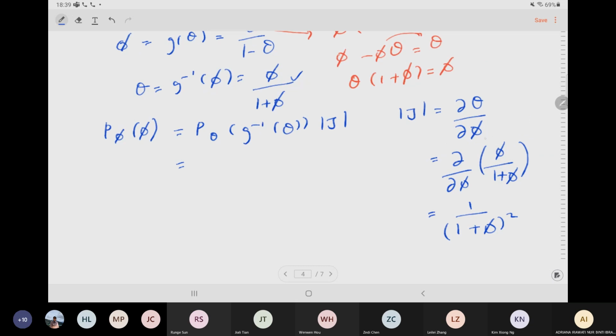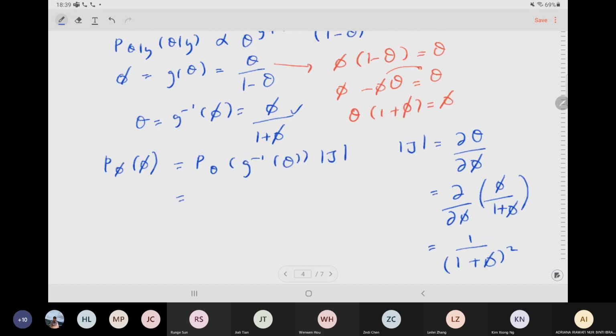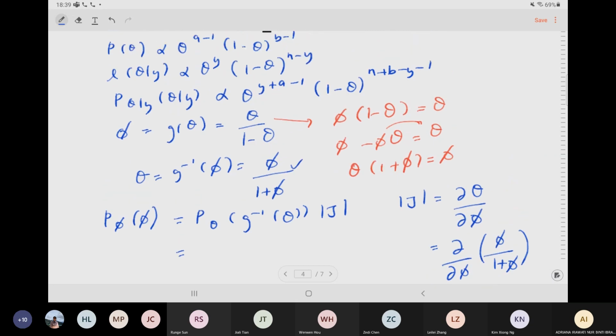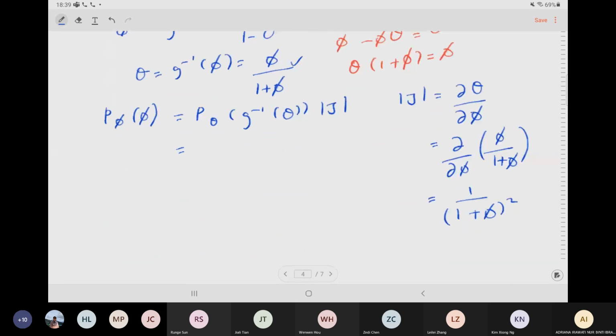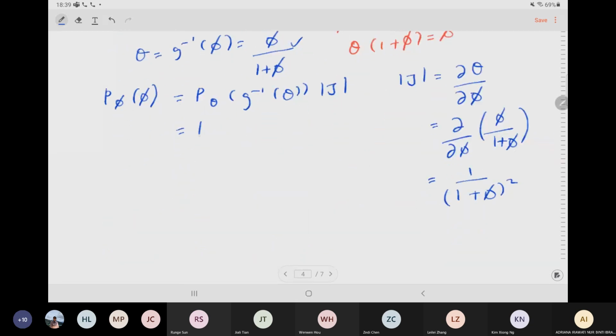And the likelihood of theta is your original one, the kernel of a beta, but here you just input G inverse. Anything with theta, you change with phi over 1 plus phi.